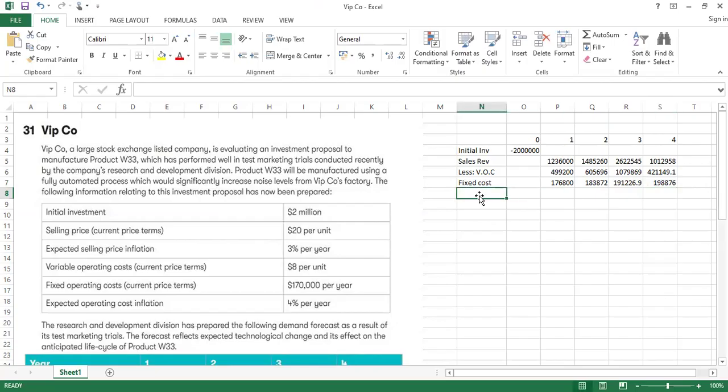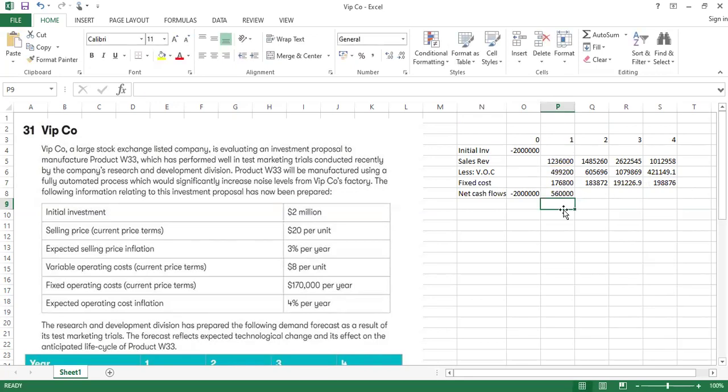Now we will calculate net cash flows. 2 million, this minus this minus this.